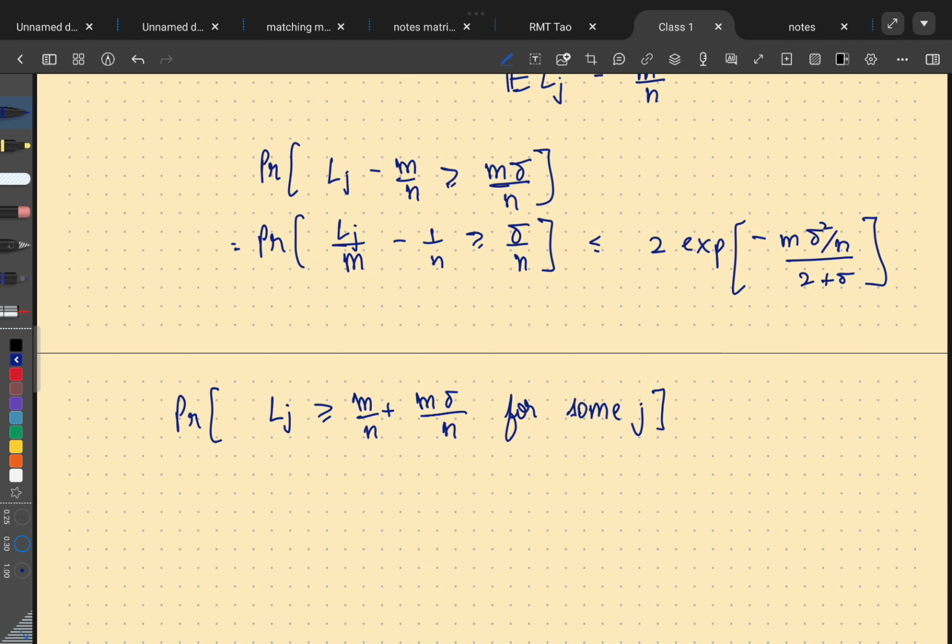Or in other words, what is the probability that all of the servers are reasonably balanced? So this is the probability that at least one server is unbalanced. I'd say that a server is unbalanced if the load is greater than m by n plus m delta by n.